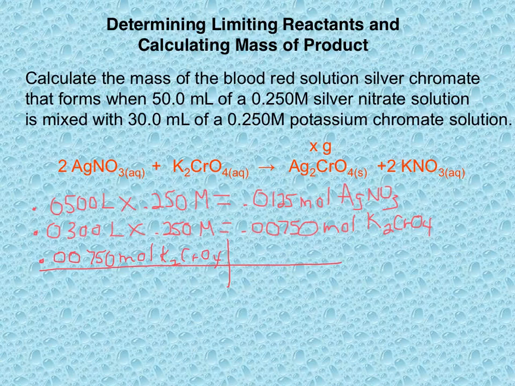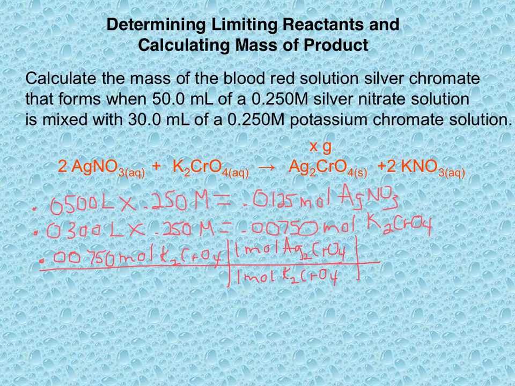For every 1 mole of potassium chromate that reacts, we're producing 1 mole, so it's a 1-to-1 ratio. 1 mole of potassium chromate, we can produce 1 mole of silver chromate.